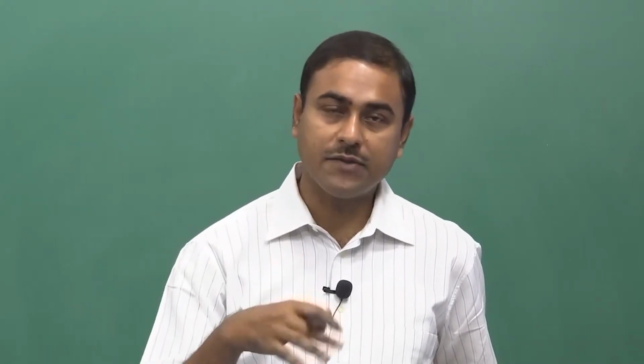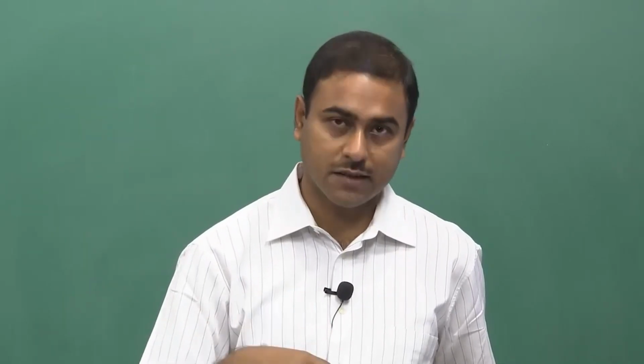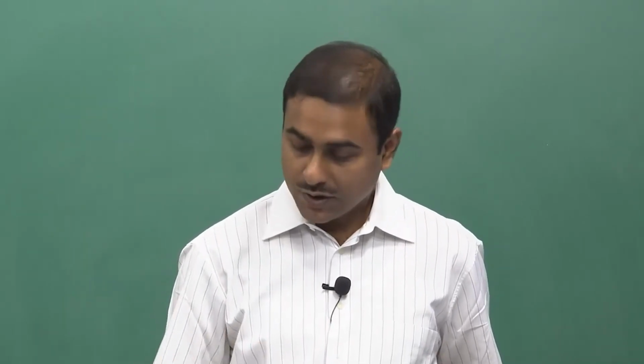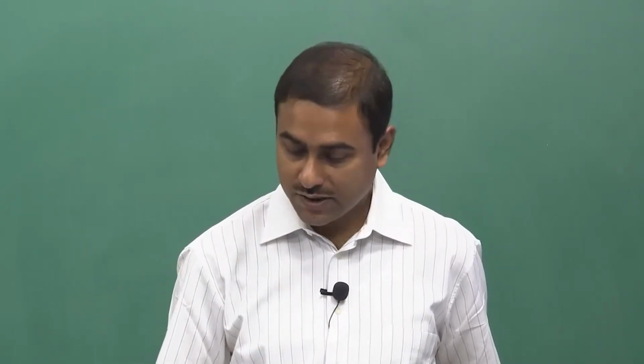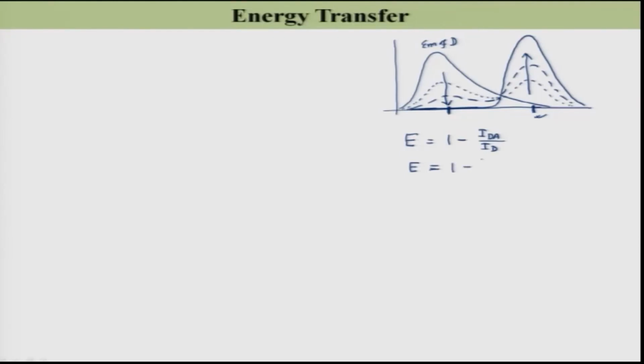So the fluorescence lifetime will also change. That means I can write this efficiency as 1 minus tau_DA divided by tau_D. Here tau_D is the lifetime of the donor in absence of the acceptor, and tau_DA is the lifetime of the donor in presence of acceptor.